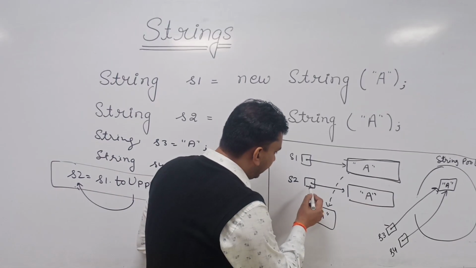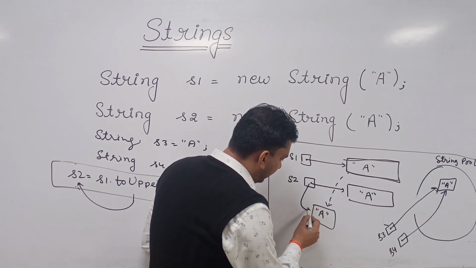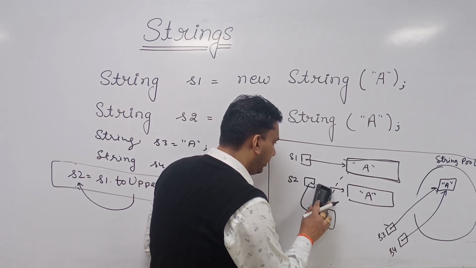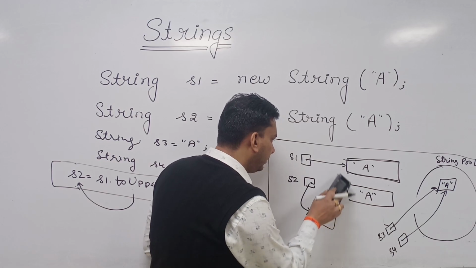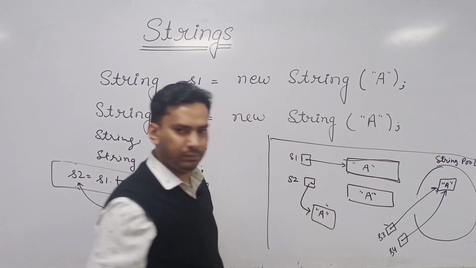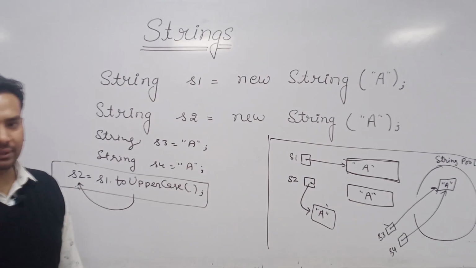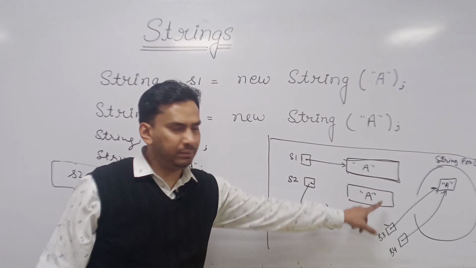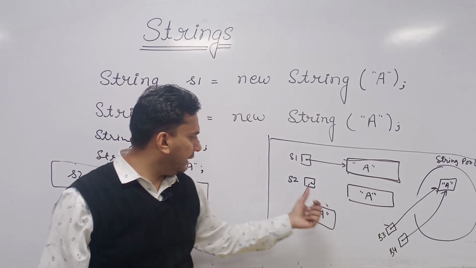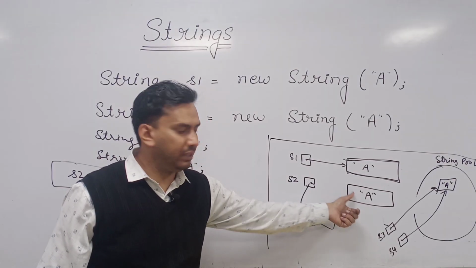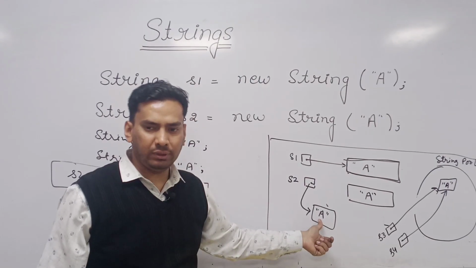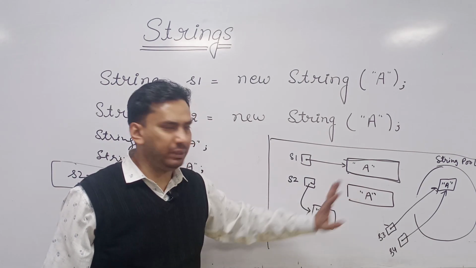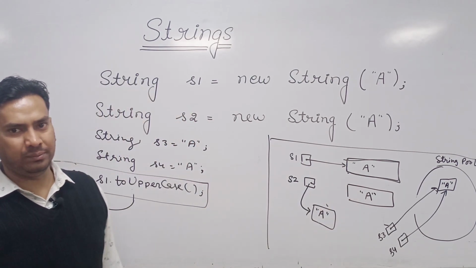I am assigning this address here. It means this object is not pointed to now. Now how many objects are eligible for garbage collection? 1. This object has become garbage because S2, which was pointing to this one, is now pointing to the new object. So this has become garbage.